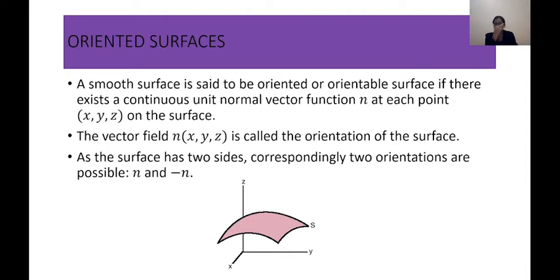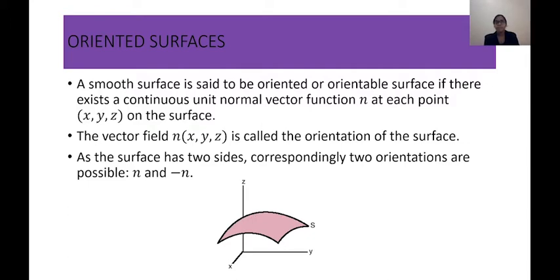So let's see the definition. A smooth surface is said to be oriented, or orientable, if there exists a continuous unit normal function at each point on the surface. If you see the figure that is depicted, we can find a continuous unit normal function at each point.